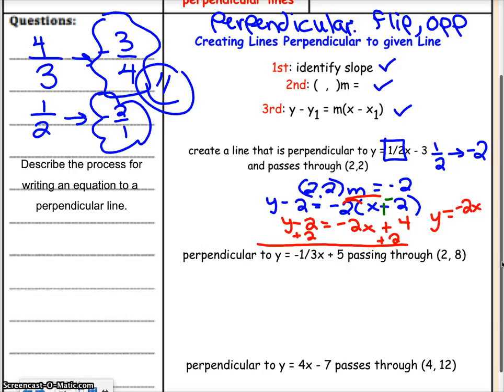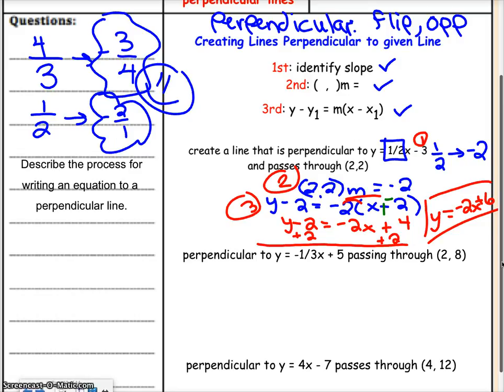Oh, darn it. Plus 6. And that's the equation. So, let me review my steps. First, I found my slope. Second, I used that skeleton. Third, I used point slope and then got y alone.